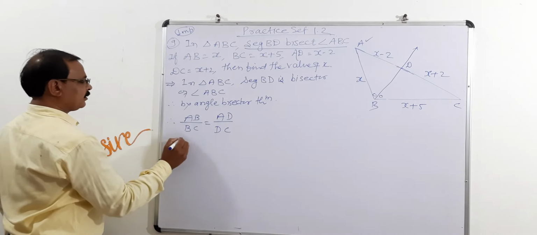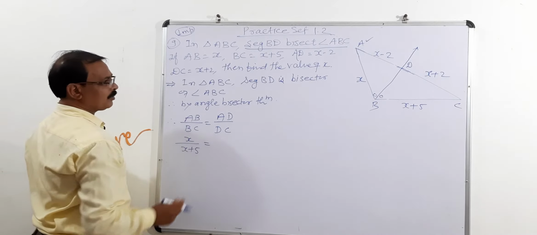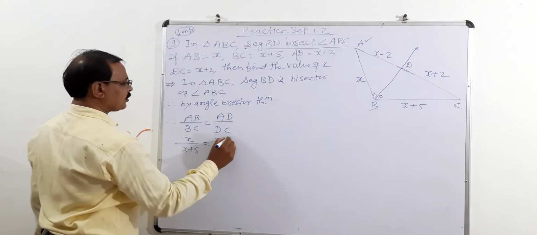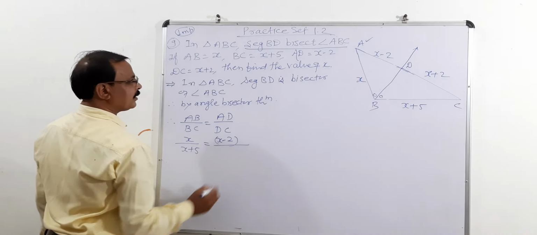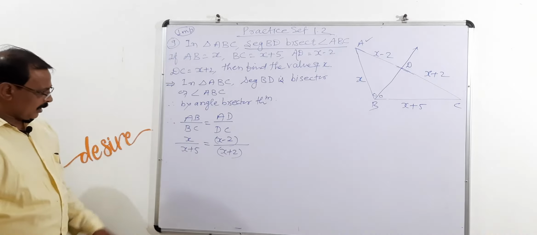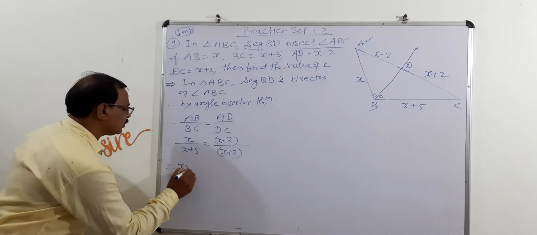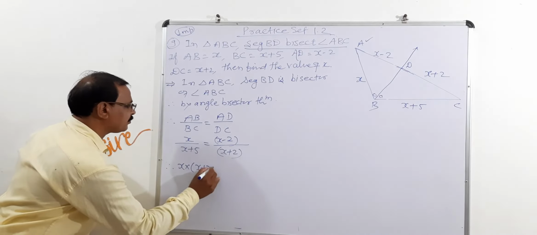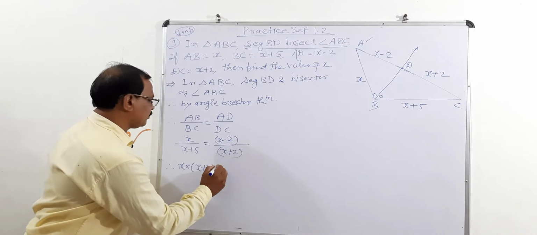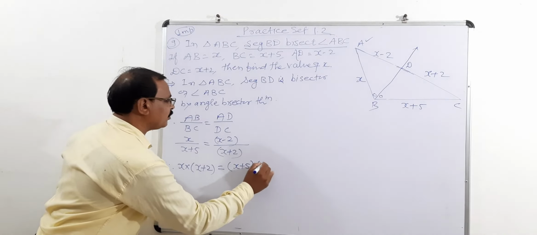Put the value here. X upon x plus 5 is equal to, the value of AD is x minus 2, here is x plus 2. Okay. Cross multiply. If you cross multiply, you will get x into x plus 2 is equal to x plus 5 into x minus 2.